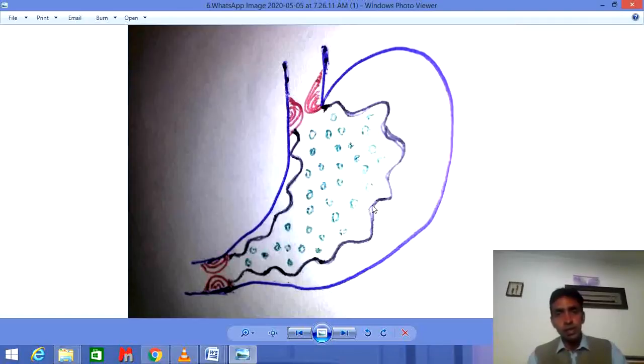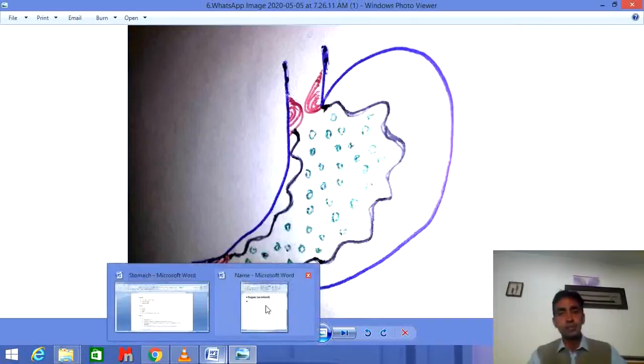You should note that rugae are visible to the naked eye, without any aid, but you can't see these small pores on the internal surface of the stomach.